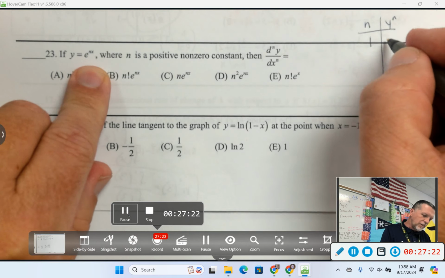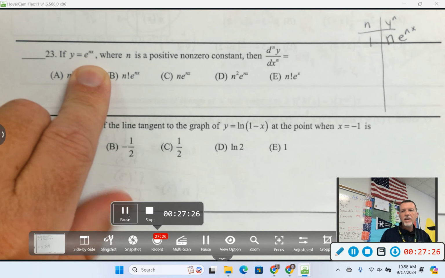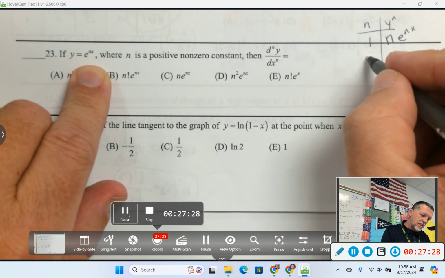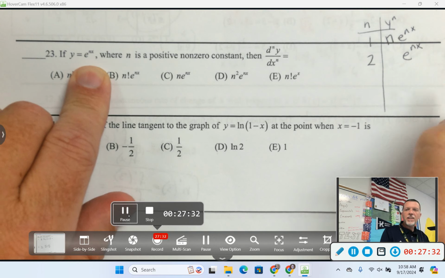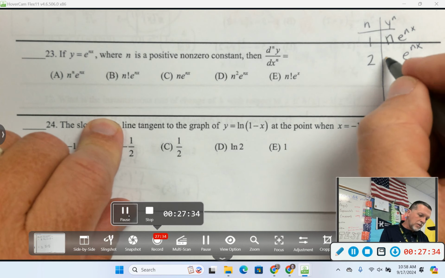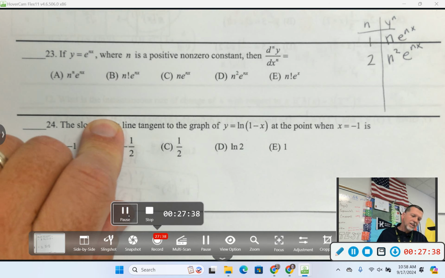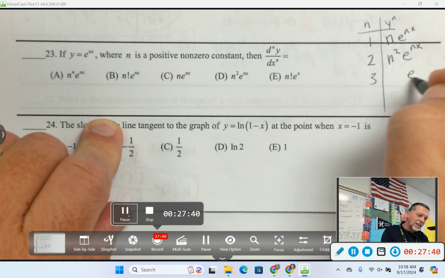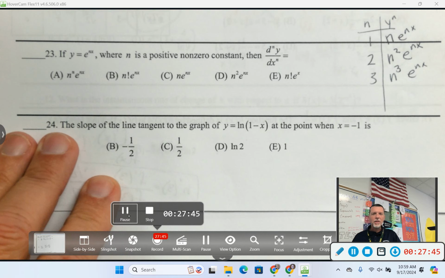So the first derivative would be e to the nx times n. The second derivative is still going to be e to the nx, but now it's n times n, n squared. If I do it again, e to the nx times n is n cubed. Okay, I'm getting the hang of this thing now.